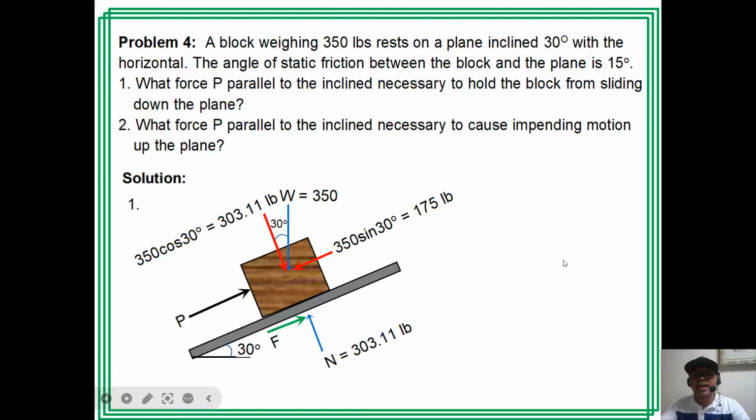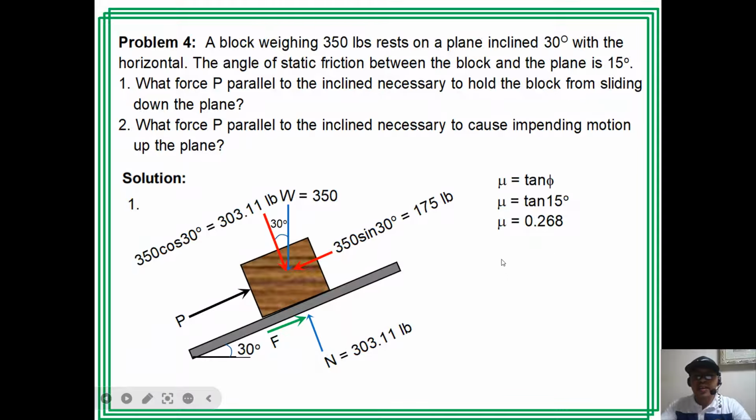Okay, so you get the situation here. We can solve for our F. By the way, we are given the angle of friction, so we can solve for the coefficient. So mu equals tangent of 15, that is 0.268.